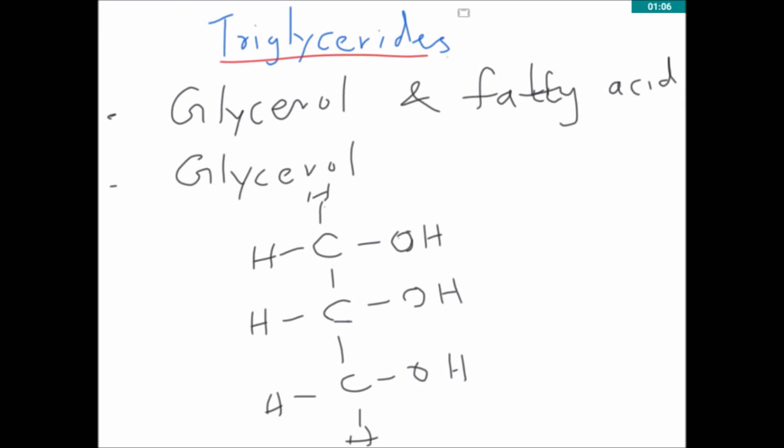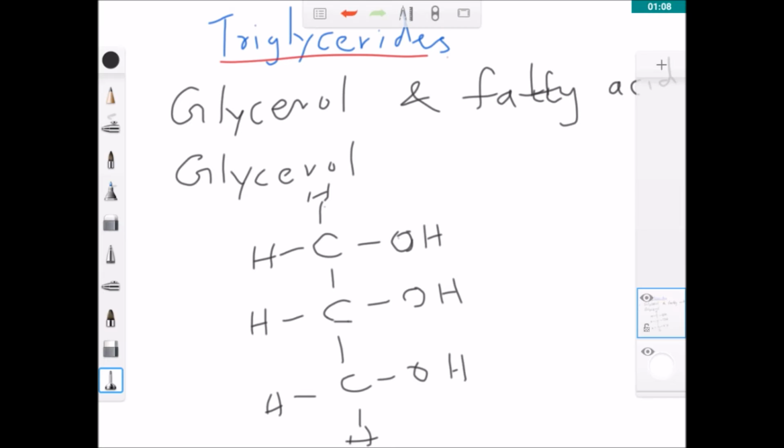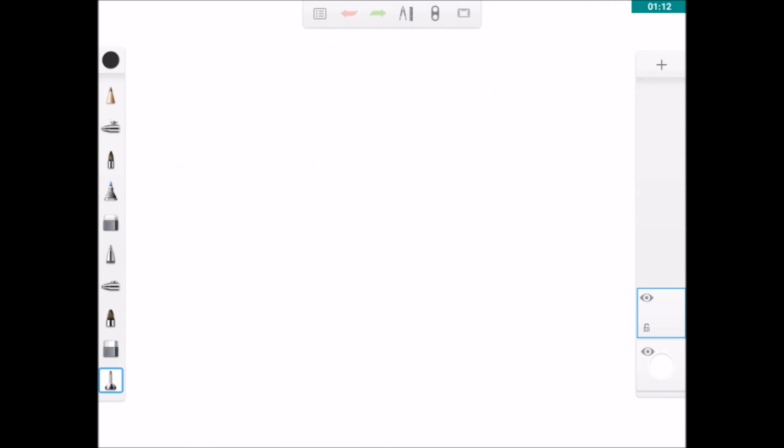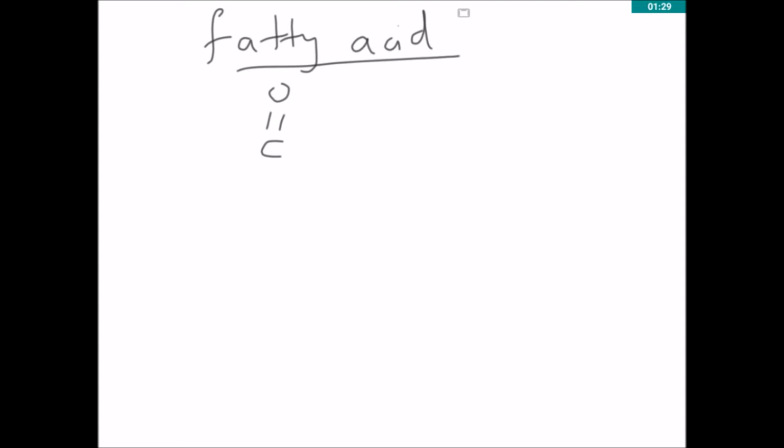Okay, now let's see what a fatty acid molecule looks like. When I say acid in an organic molecule, it refers to carboxylic acid. This is the chemical structure of carboxylic acid, and it is attached to a hydrocarbon chain.